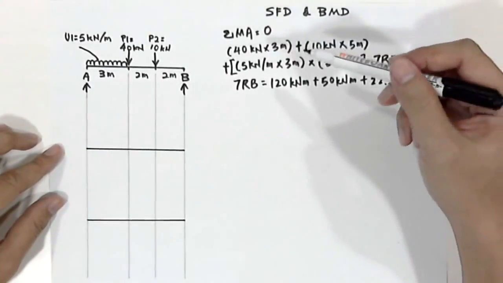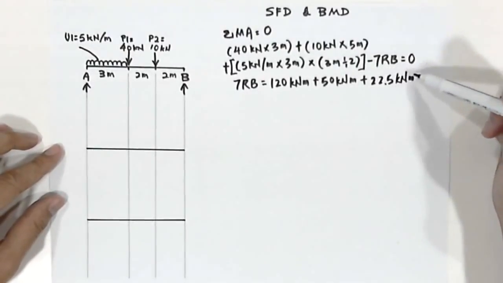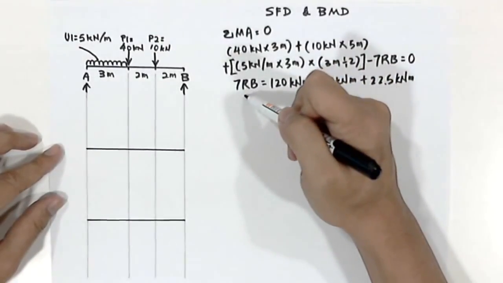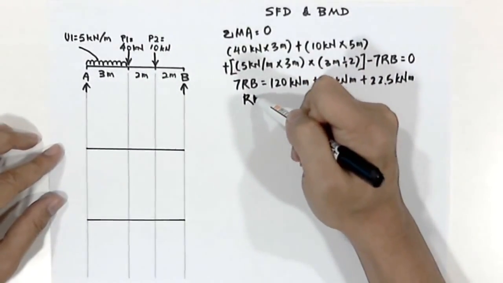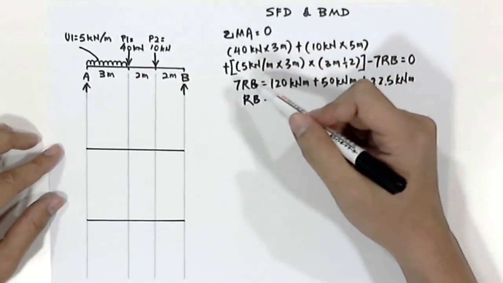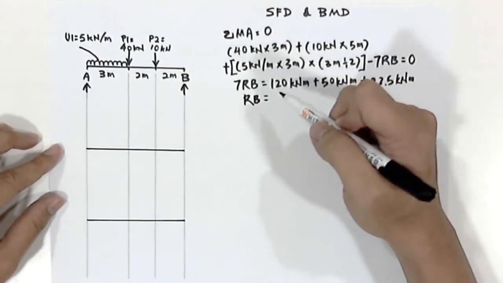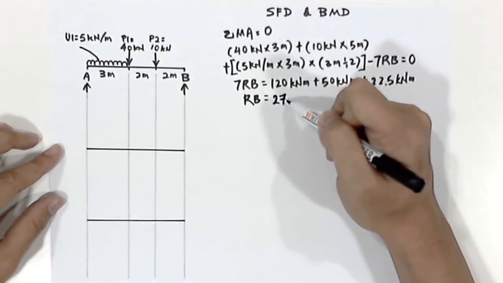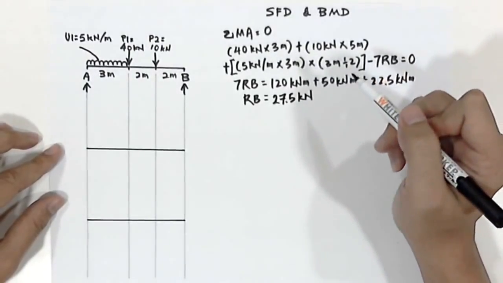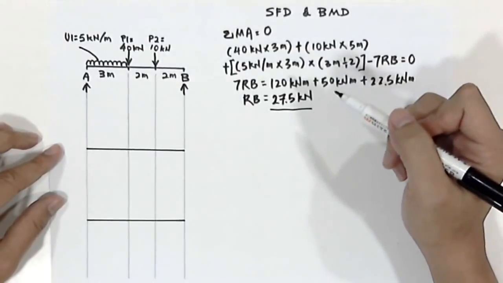Remember that you should always write down your dimension, so that you will not get confused. Later, you get RB by dividing by the number 7. Therefore, you get RB as 27.5 kilonewton. So now we have our RB.